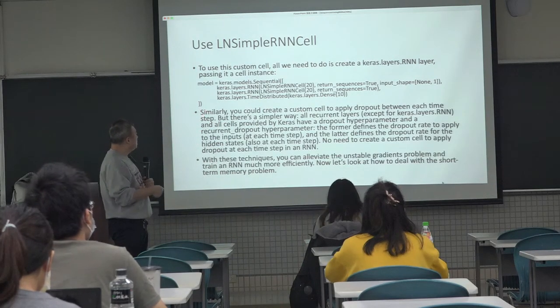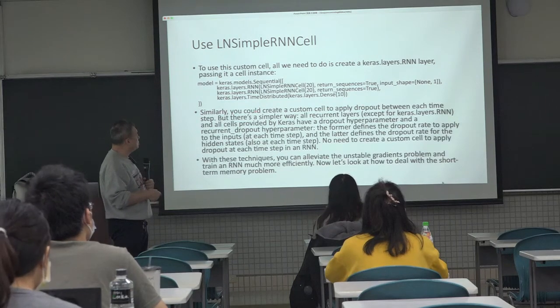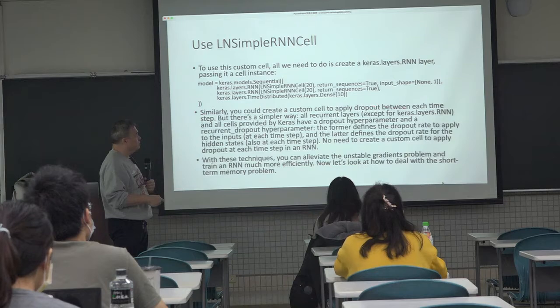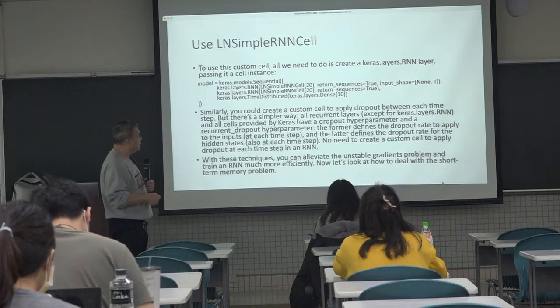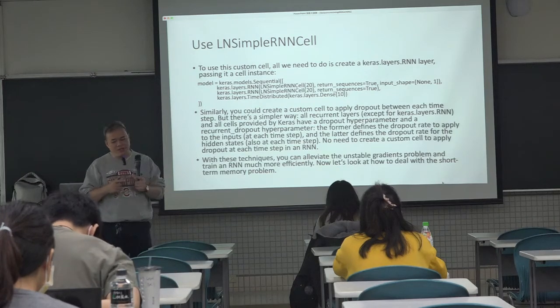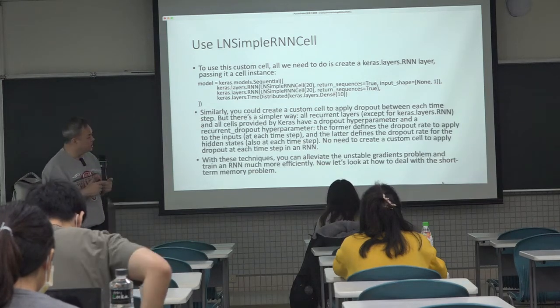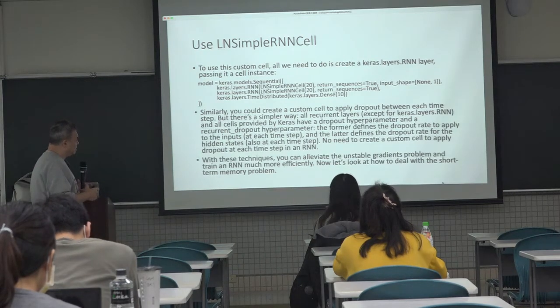And also for the dropout, we could also create a custom cell to apply dropout. But for dropout, since the cell already has this functionality built in, we really don't need to write our custom cell for that.